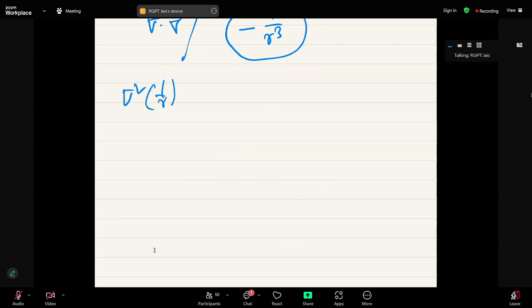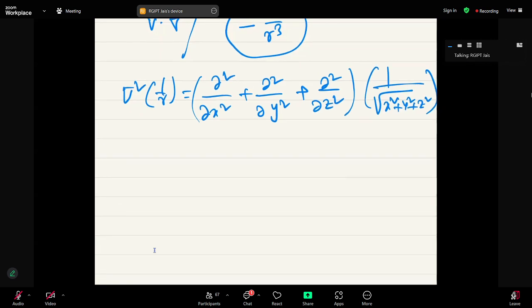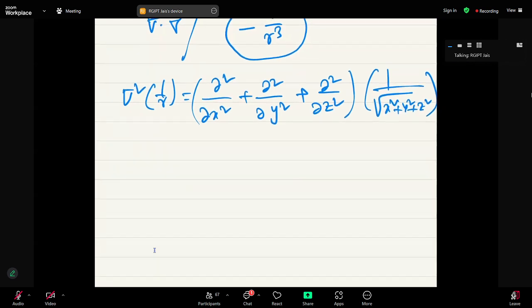Grad square 1 by r, right? So this should be del 2 del x2 plus del 2 del y2 plus del 2 del z2, and here it will be 1 by root over x square plus y square plus z square. So this is the derivative we have to do, right?